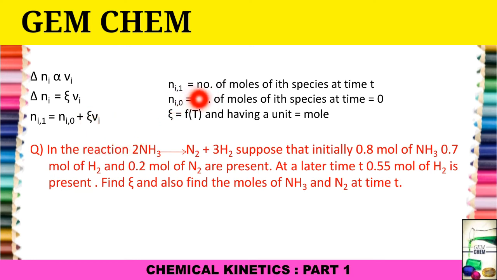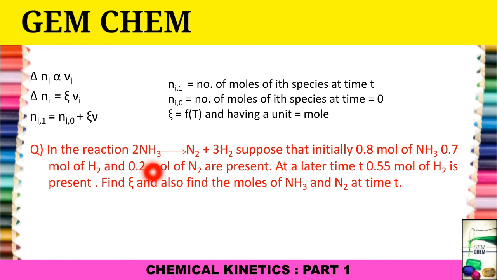Now this one is the number of moles of the ith species at time t. This is the number of moles of the ith species at time 0, and epsilon is a function of temperature and has a unit of mole. So this will be highly clear when we complete the sum present here.